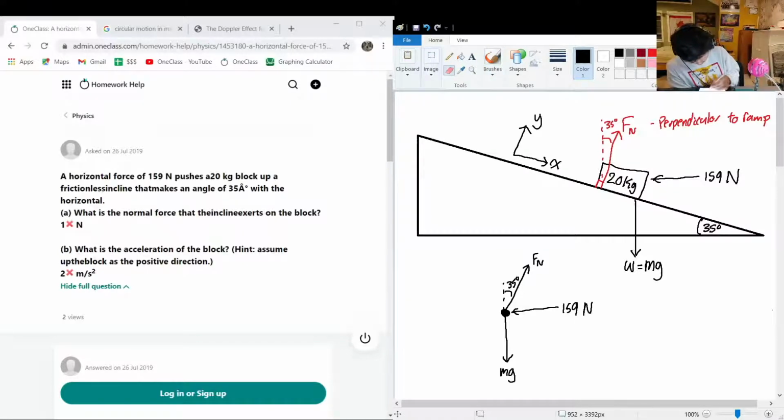So actually, I'll redraw this free body, or I'll make some adjustments to our free body diagram.